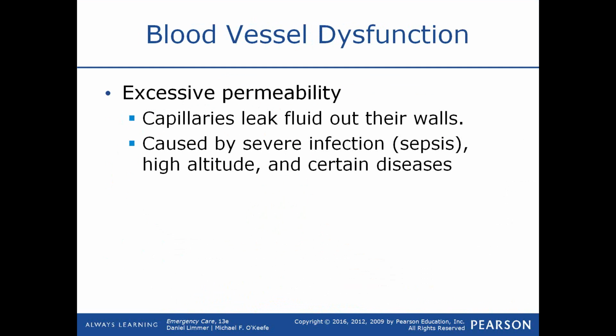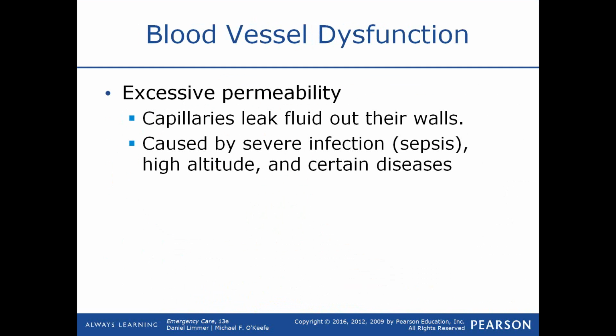So when you have an increase in capillary permeability caused by sepsis, high altitude, anaphylaxis, the vessels will fully dilate as a result of those conditions, and increased capillary permeability because of all the pressure in those capillary beds, and they begin to weep and leak.